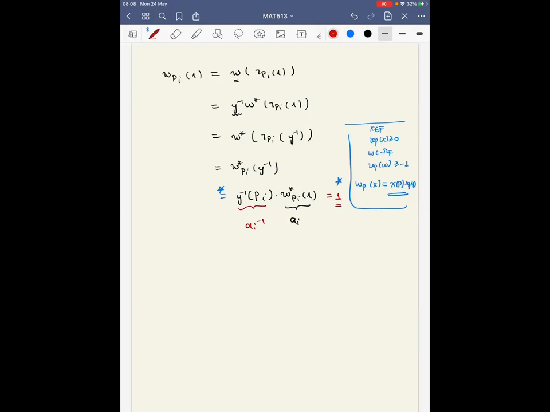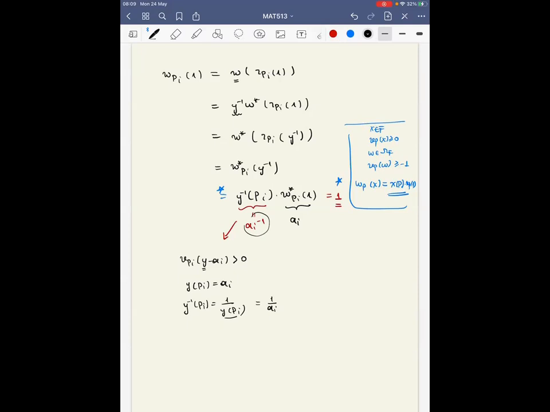And maybe as a hint, in order to see this equality, let me remind you how we chose the function y by the weak approximation theorem. So that means y(Pi) is equal to ai, and y inverse(Pi) can be written as 1 over y(Pi), and since we had y(Pi) as ai, indeed we can see that this is just ai inverse.